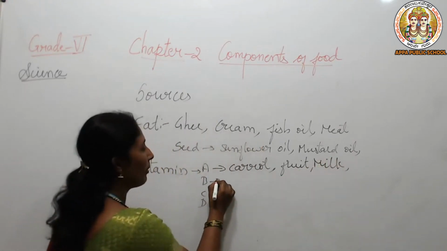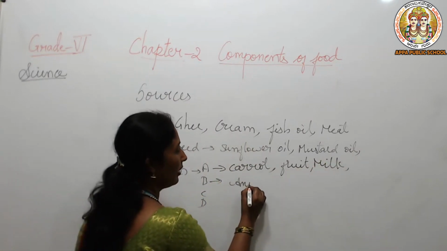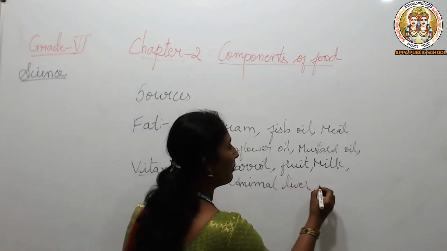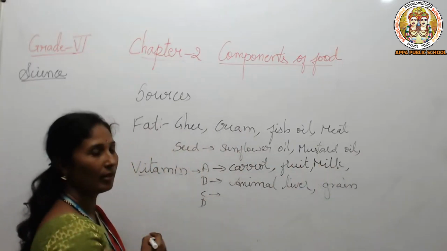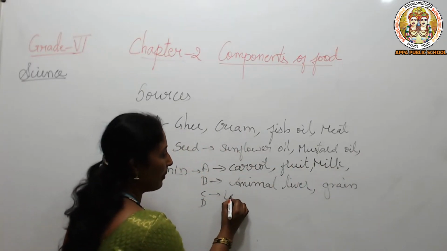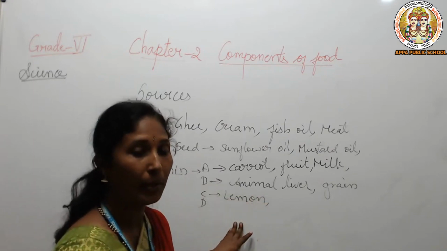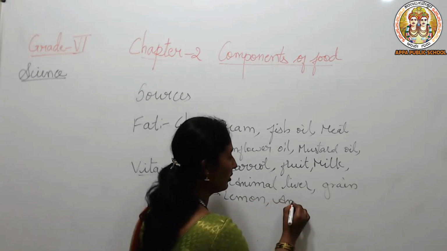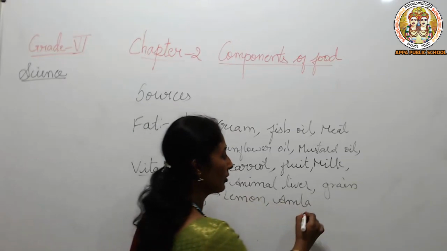Yes, vitamin B we will get from animal liver and from different grains. Vitamin C, especially lemon, oranges, yes, amla, yes, guava fruit.